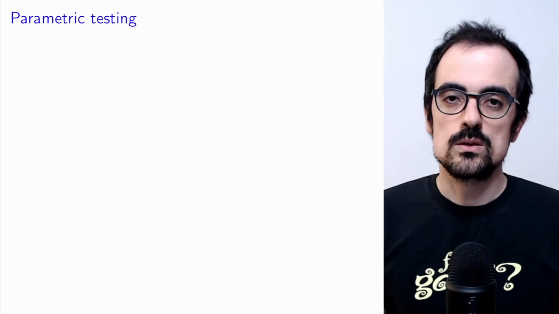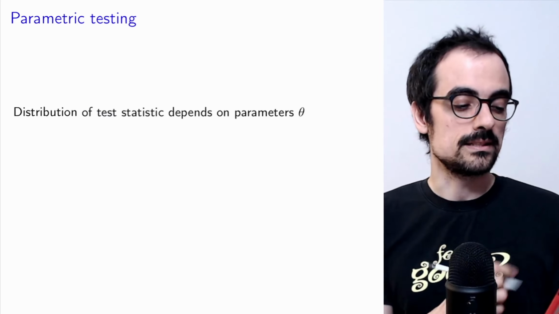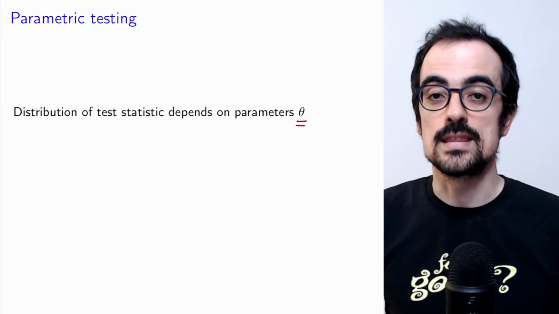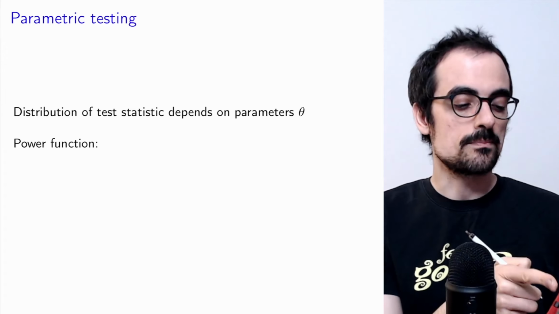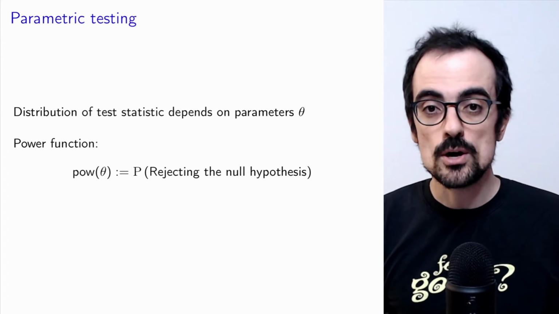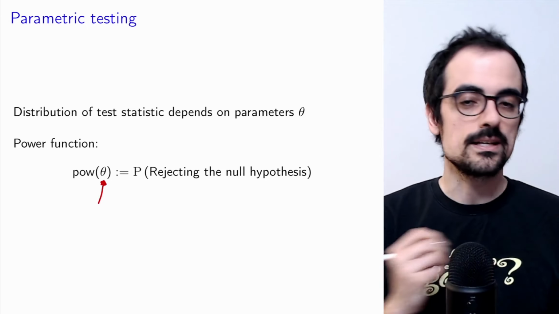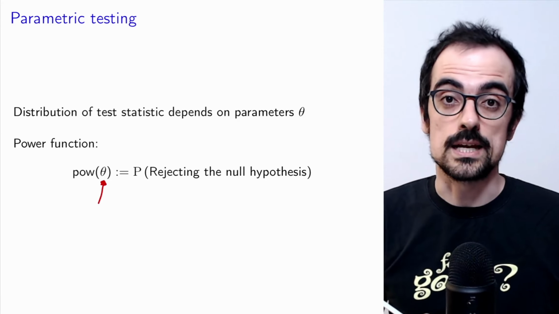We're going to be working within the framework of parametric testing, where we assume that the test statistic follows a distribution that depends on certain parameters, theta. We're going to define the power function as the probability that we reject the null hypothesis for a certain value of the parameter, when the test statistic is distributed according to a certain value of theta.